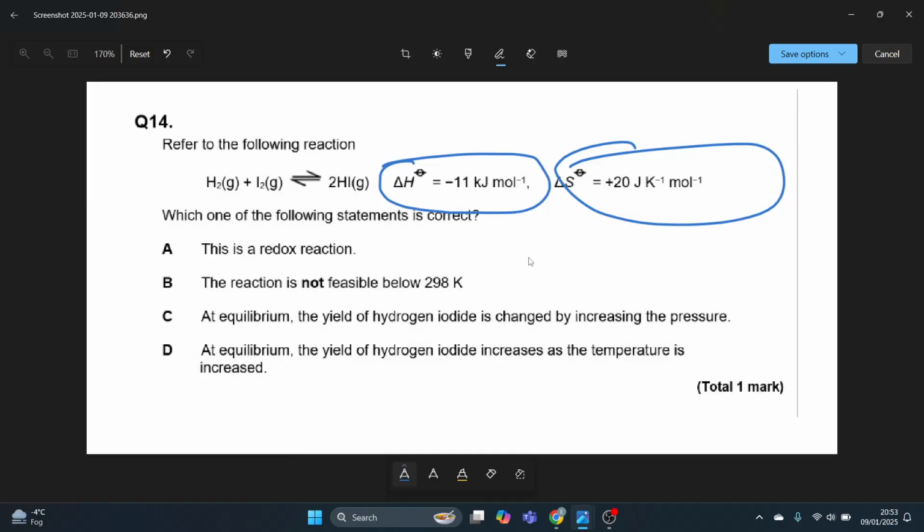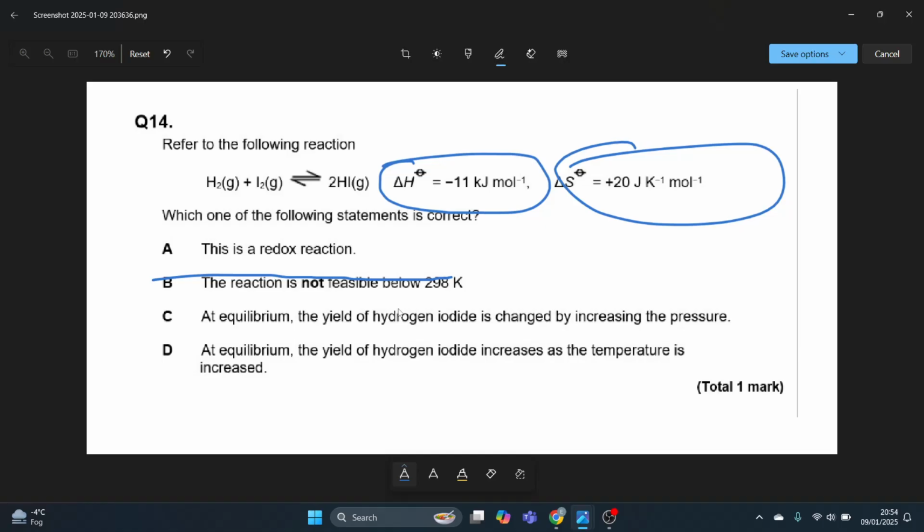If delta H is negative and has a positive entropy change, then delta G is always negative, and therefore the reaction will always be feasible. So that's not true, because delta H is negative and entropy change is positive.